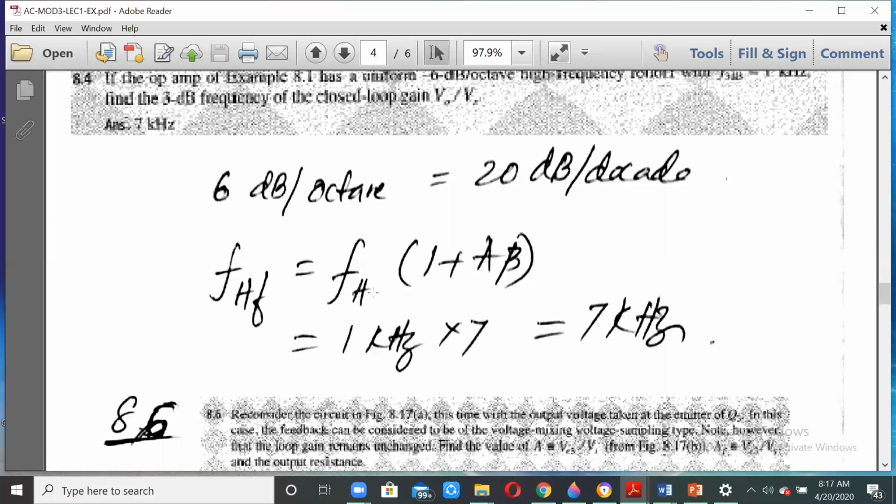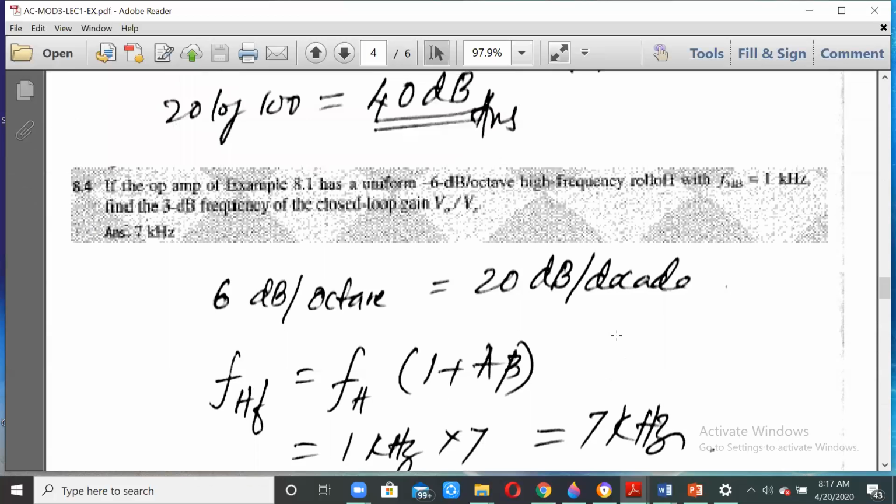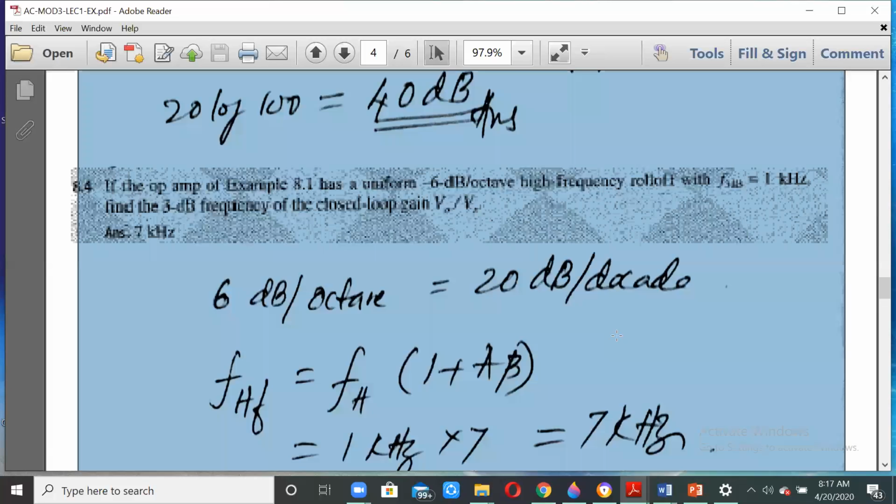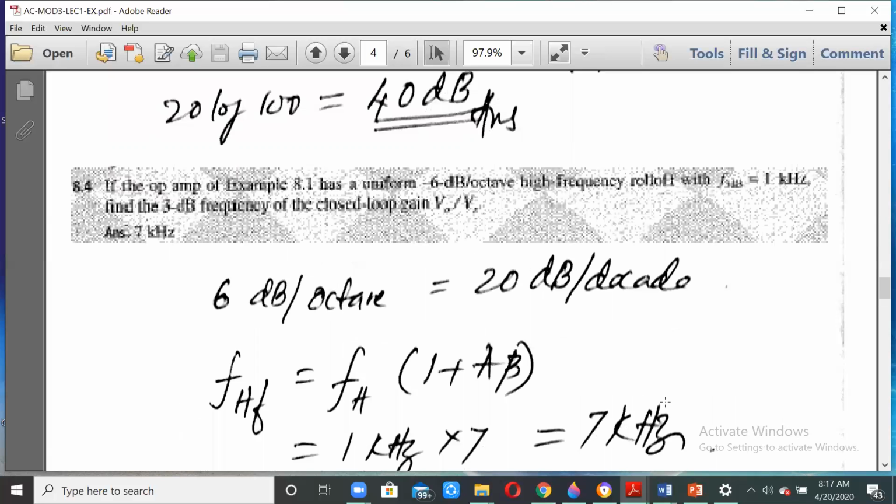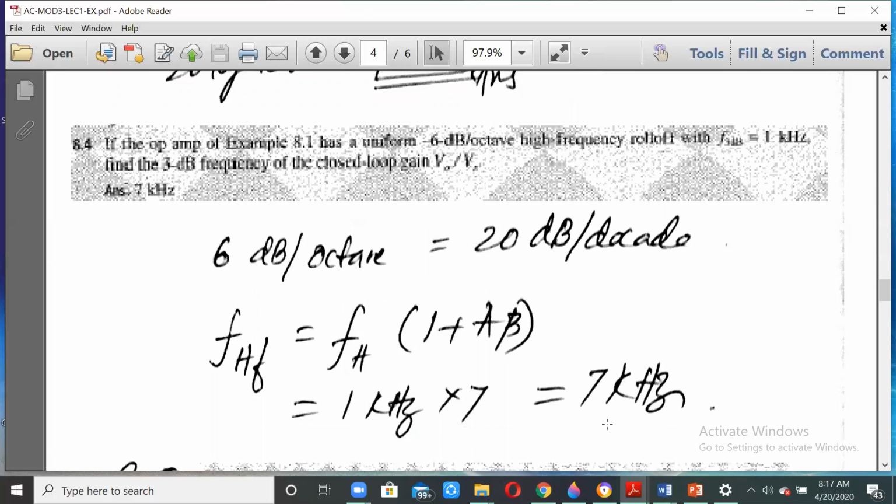Fhf is equal to Fh times 1 plus A beta, 1 kilohertz into 1 plus A beta, which is 7 in the problem given, and that is equal to 7 kilohertz. So in the example 8.1, we found that the value of 1 plus A beta is 7, and that is why we are taking the 7 here.